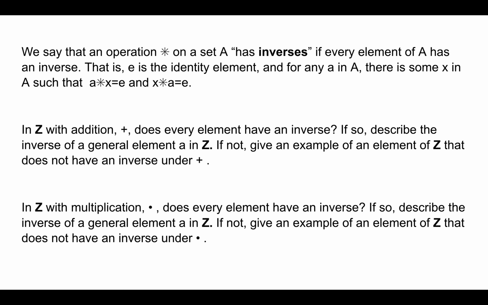Similarly, same question for the set of integers with multiplication. Does every element have an inverse with this operation? If so, describe the inverse of a general element, and if not, give an example of an element that does not have an inverse. So give each of these a try. Again, grab your piece of paper, think about these for a moment, and then we'll talk about them.